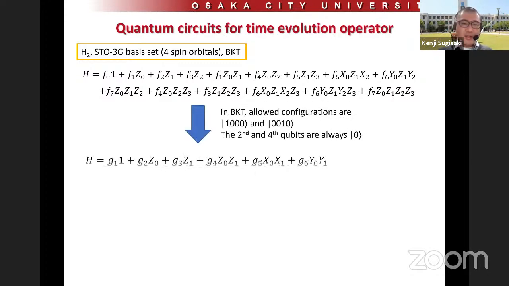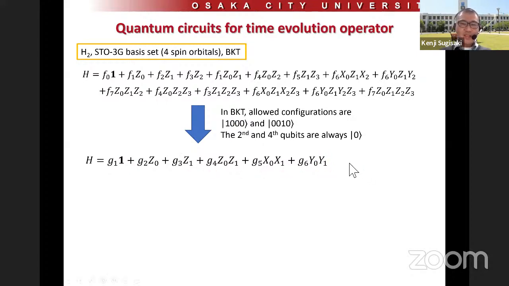But in the Bravyi-Kitaev basis, the allowed configurations are only 1000 and 0100. So the second and fourth qubits are always 0. By using this symmetry, we can reduce the Hamiltonian to only 2 qubits, using the first and third qubits. The result of the Hamiltonian is something like this.